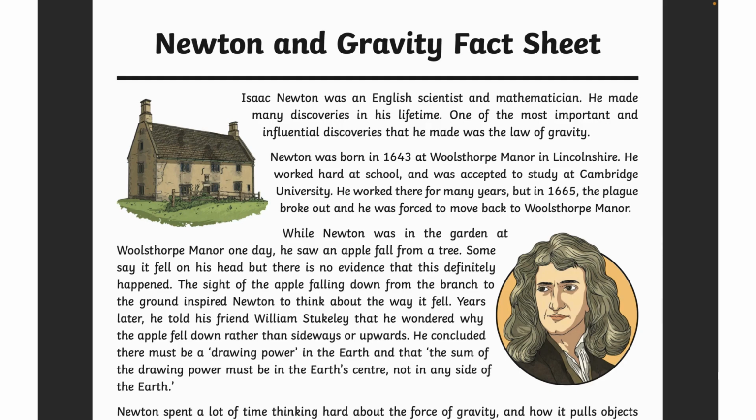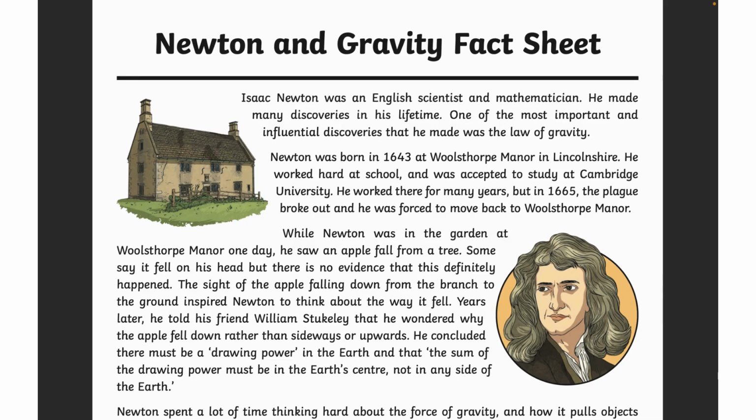While Newton was in the garden at Woolsthorpe Manor, one day he saw an apple fall from a tree. Some say it fell on his head, but there is no evidence that this definitely happened. The sight of the apple falling down from the branch to the ground inspired Newton to think about the way it fell.